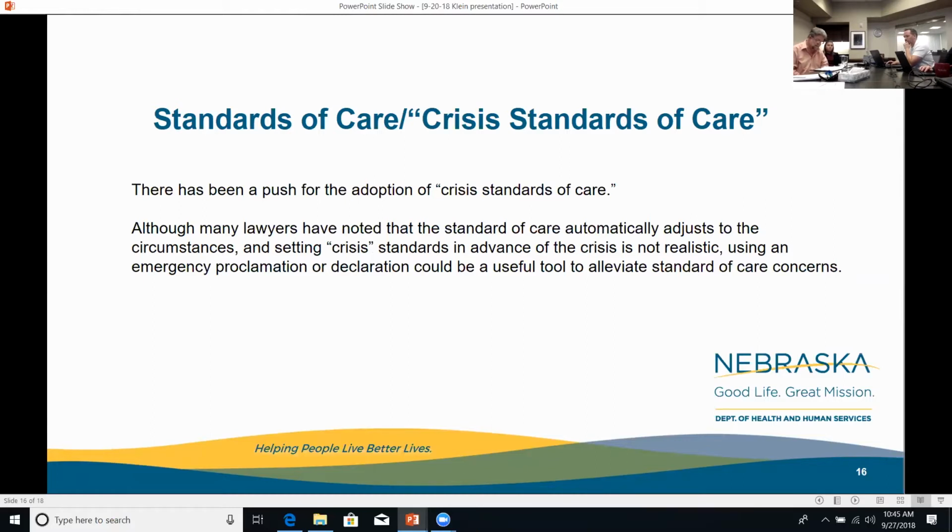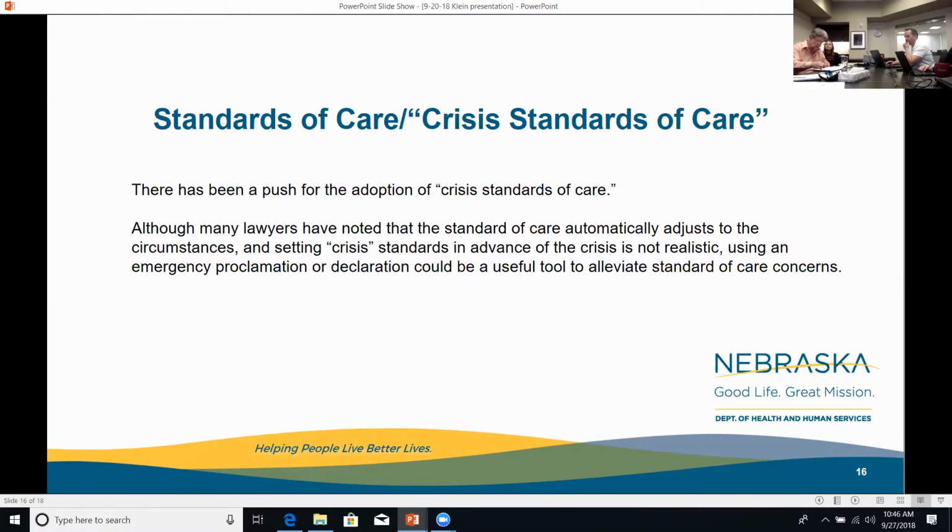But in any event, for healthcare professionals, which would be the bulk of the people who are coming in as volunteers, the concern is generally the care that's required to avoid malpractice liability. From a facility standpoint, it was typically looked at as use of scarce resources and having some sort of basis to determine how to allocate those scarce resources.